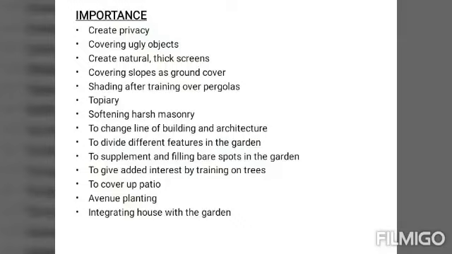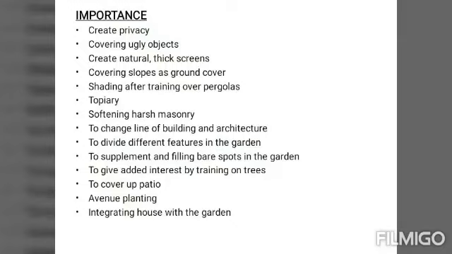And softening the harsh masonry, and changing the line of building and architecture, and dividing different features in the gardens. Even pergolas is one of the features in the garden, and even fountains, and the bridges and all.